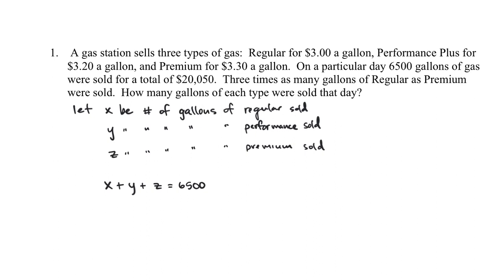So that's our second equation. It's $3 times the number of gallons of regular plus $3.20 multiplied by the number of gallons of performance plus $3.30 times the number of gallons of premium is equal to $20,050.